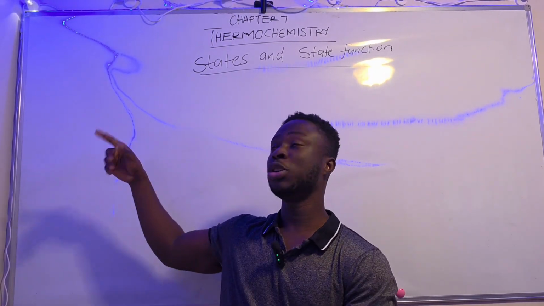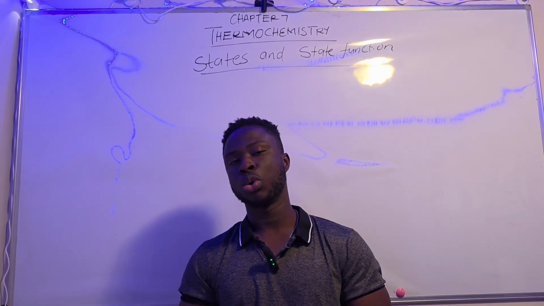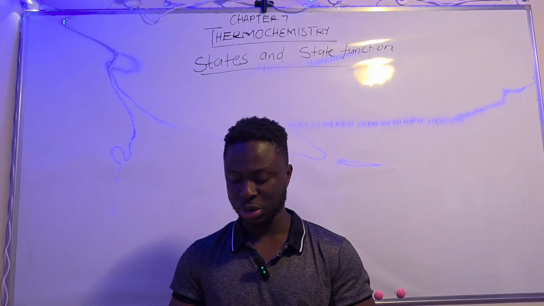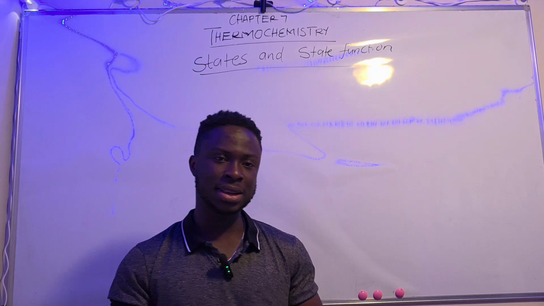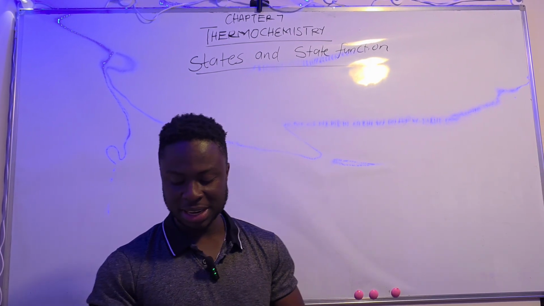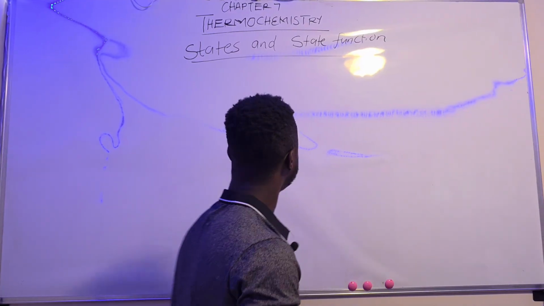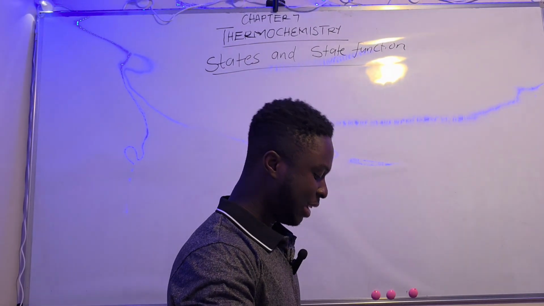If any of those properties changes, then we have what we call a process. So all the properties of a system that define its state are what we call the state functions.